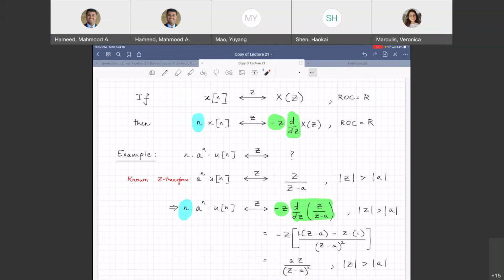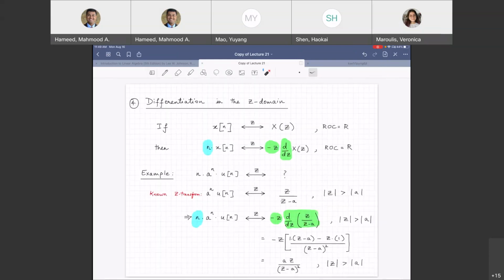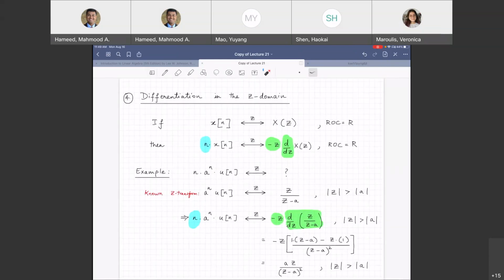So if you start seeing multiplication by n in your time domain, then you know that you are going to have a derivative in the z domain. Now, the more n's you have in the time domain, n squared and cubed, those many number of times you will have to multiply by z and differentiate with respect to z in the z domain. Again, property is listed in the z tables.